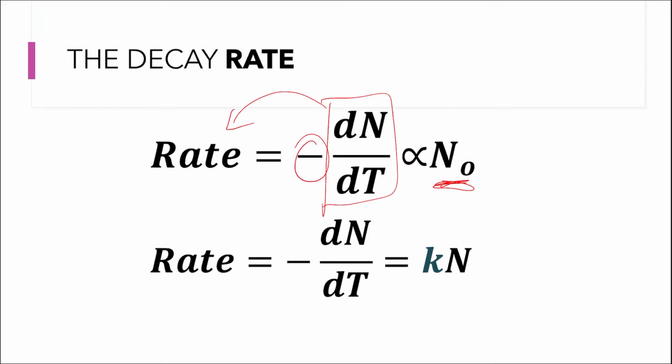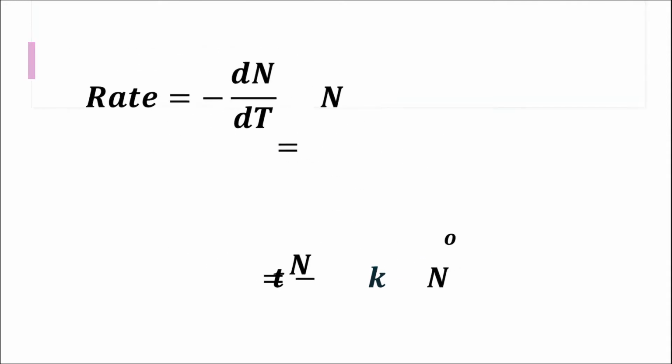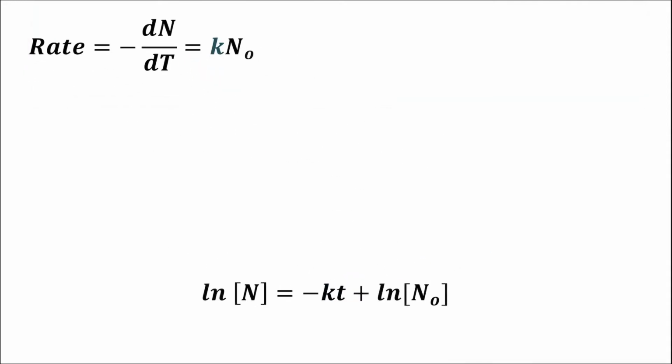In order for us to express this equation into equality, we introduce a term k, which is the rate constant. Yung rate constant na yun is unique per type of parent nuclide. Paano natin siya nakuha?